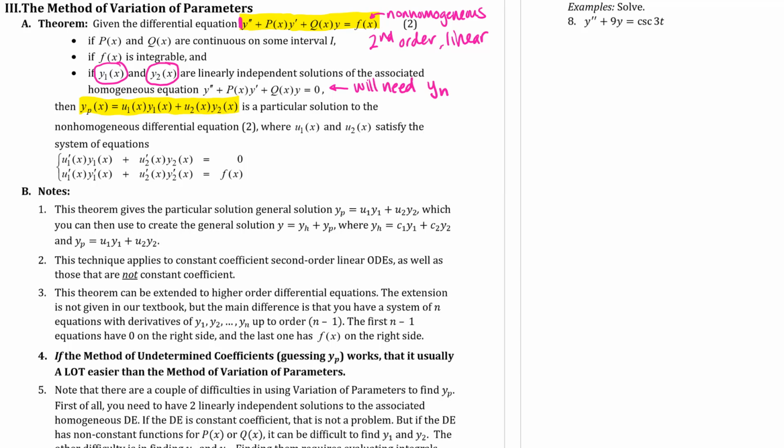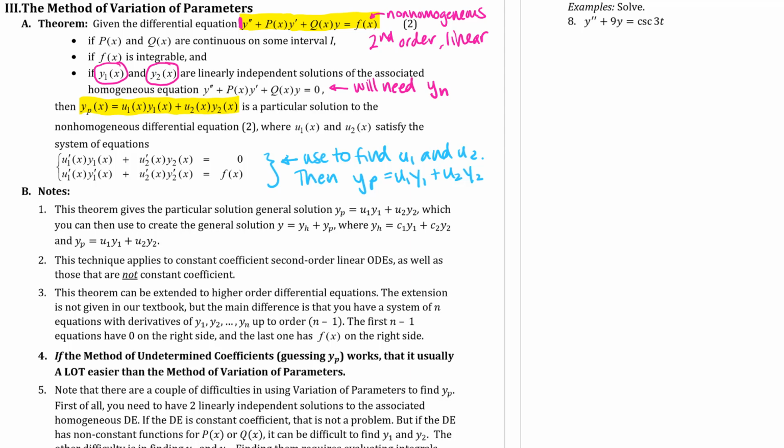It says that will be a particular solution to the non-homogeneous differential equation 2, the original equation we started with, where u1 and u2 satisfy this system of equations. This system of equations is what we're going to need to work with to find u1 and u2. Then we'll be able to write yp as our u1 function times y1 plus u2 times y2.